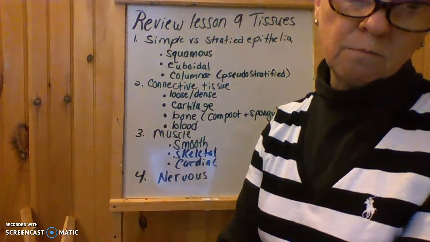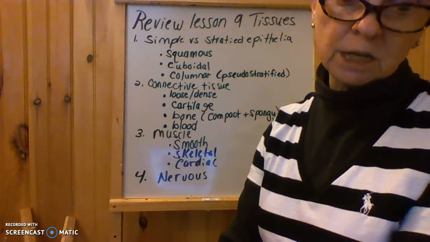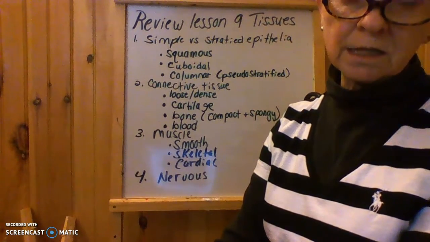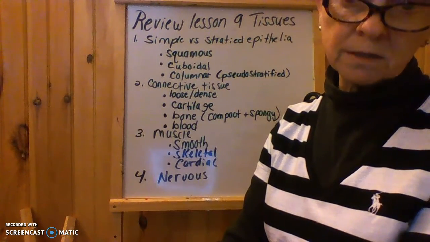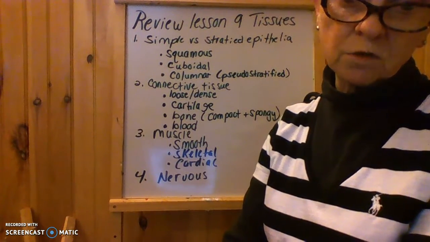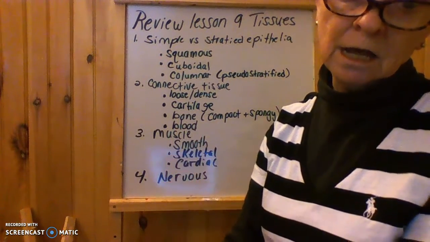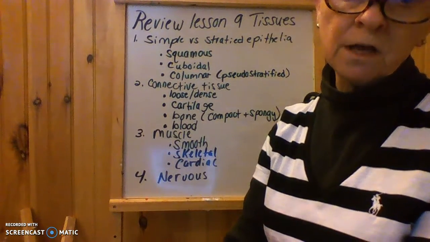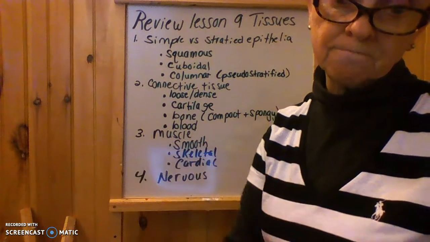And in muscle and nervous system, I would expect you to be able to list the 3 types of muscle tissue, and I would expect you to be able to identify the difference between smooth and cardiac and skeletal muscles. So all 3 have very definite identifiers to it. So the cardiac tissue, for example, has the intercalated discs, and the smooth and skeletal tissue, each of those have different components to it that you should have learned from your lab activity.